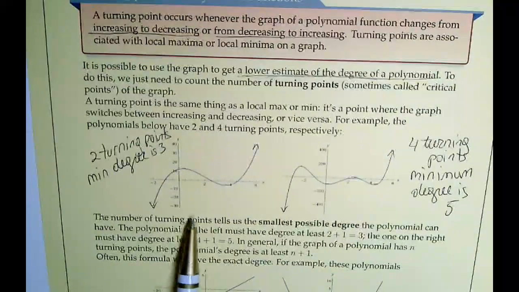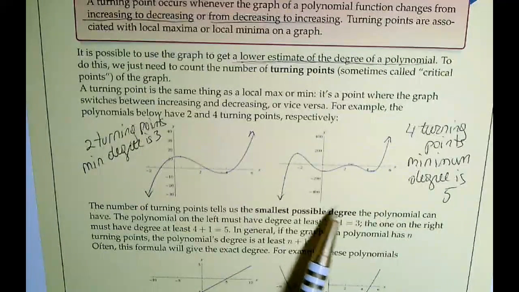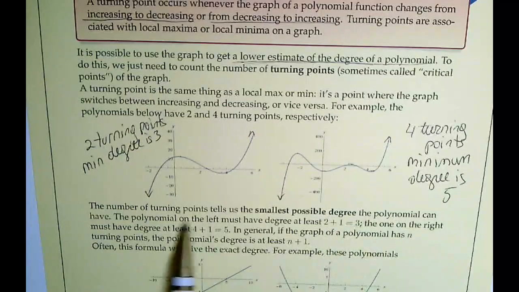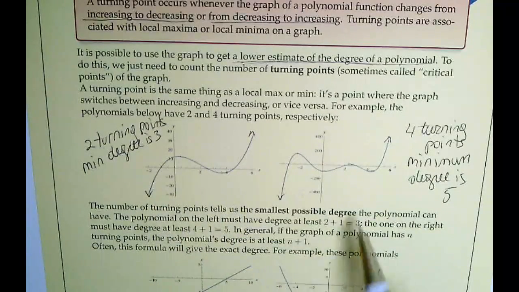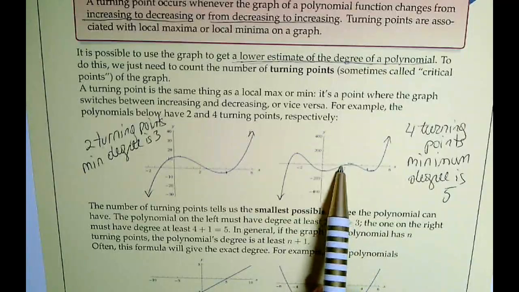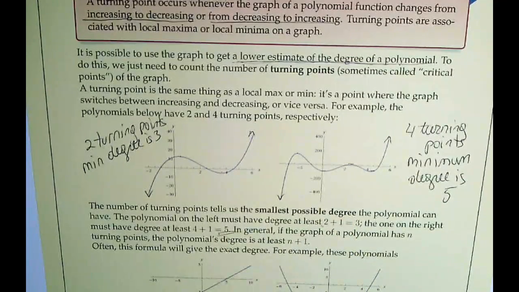So the number of turning points tells us the smallest possible degree of the polynomial. So the polynomial on the left must have at least 2 plus 1, which is 3 degree, and the one on the right must be at least 5 degree.